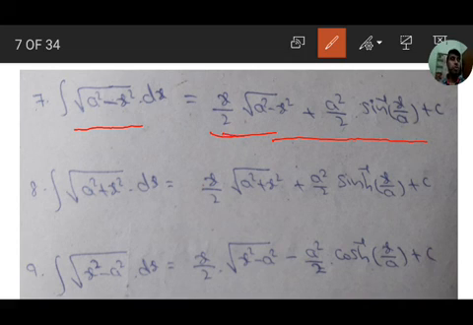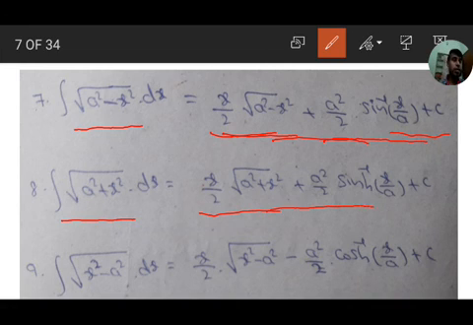Next, the 8th one, integration square root of a square plus x square dx equal to x by 2 into square root of a square plus x square plus a square by 2 into sin h inverse x by a plus c. And integration square root of x square minus a square dx equal to x by 2 into square root of x square minus a square minus a square by 2 into cos h inverse x by a plus c.